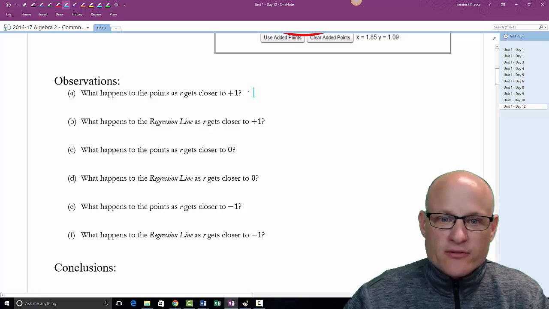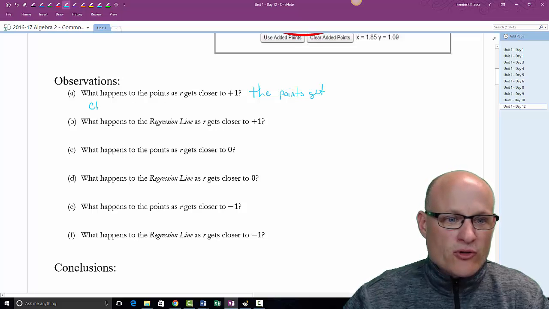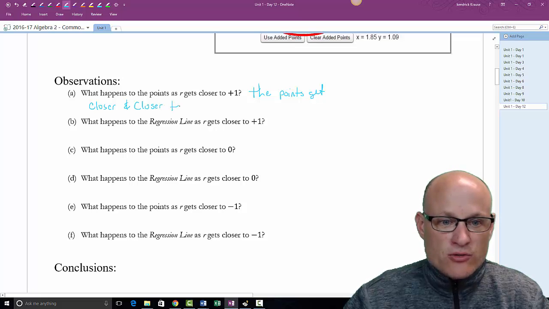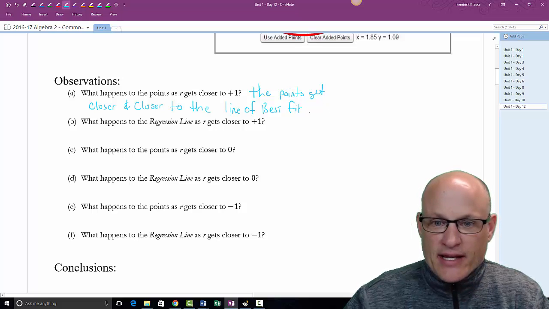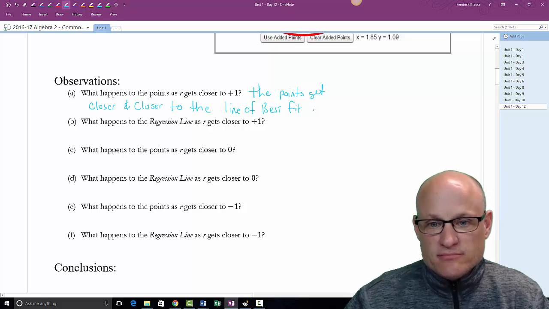The points get closer and closer to the line of best fit, or the regression line. And when you get to 1, it makes a straight line.